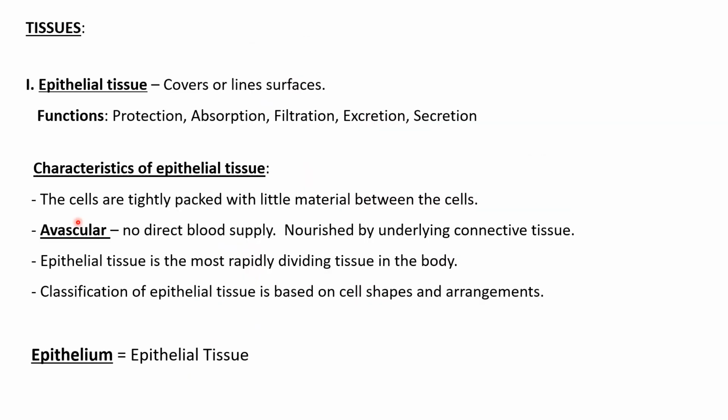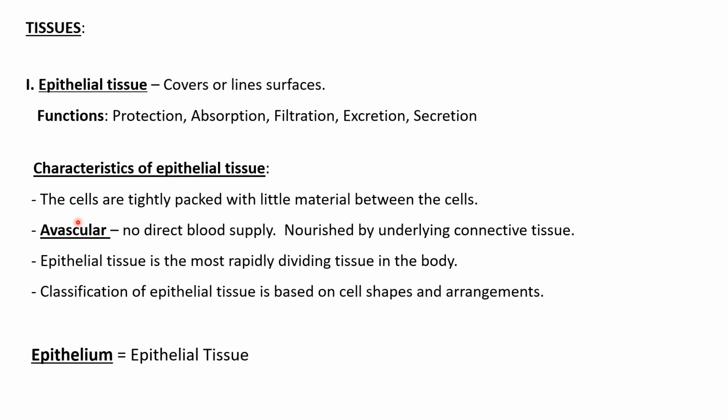Epithelial tissues cover and line surfaces. The functions are protection, absorption, filtration, excretion, and secretion. So the characteristics of epithelial tissues: the cells are tightly packed with little material in between them.